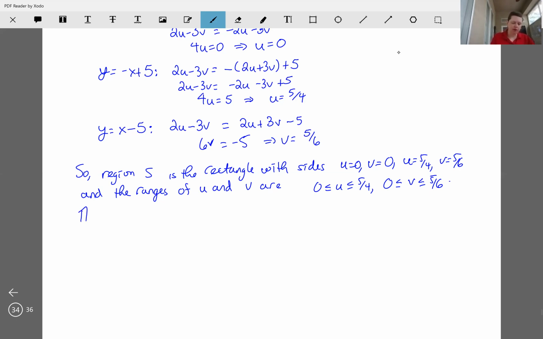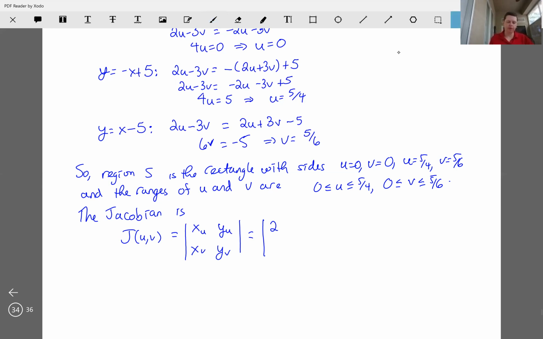Now the Jacobian, J of (u, v), is the determinant of the matrix with x sub u, y sub u, x sub v, y sub v. So that was 2 from 2u plus 3v and 2 from 2u minus 3v.